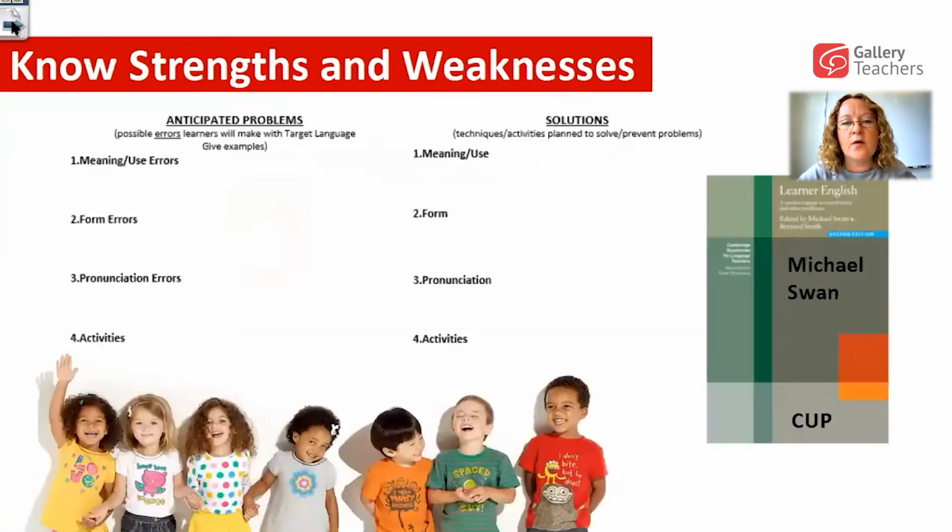In addition to that, we've got to think and predict strengths and weaknesses. Now, if you are newly qualified, you may well have done a CELTA or an equivalent, or maybe you have been qualified for a while and you've done a Delta course, and you'll know that lesson plans include something very similar to this, whereby before the lesson you anticipate the problems that are going to crop up and plan and think about what solutions.